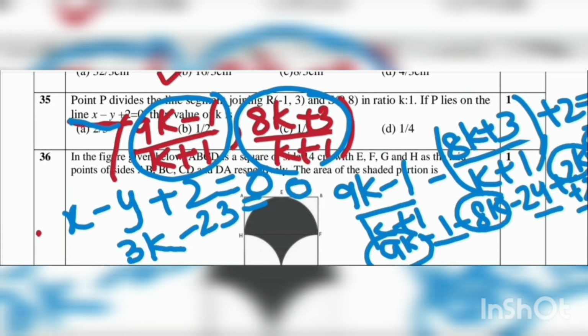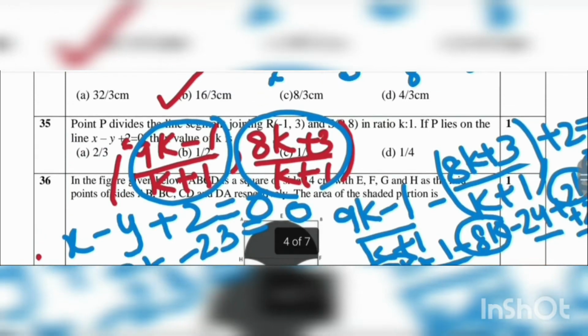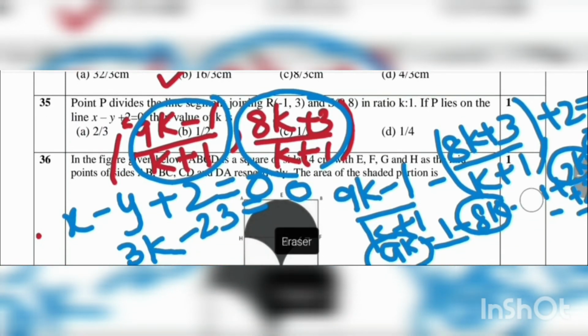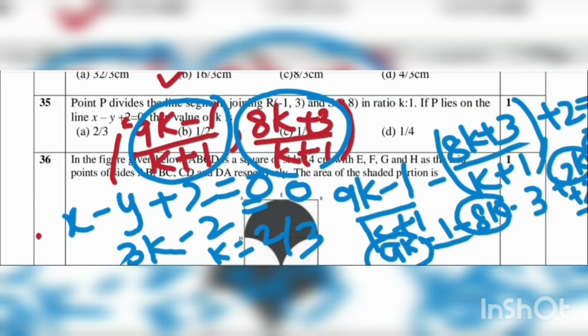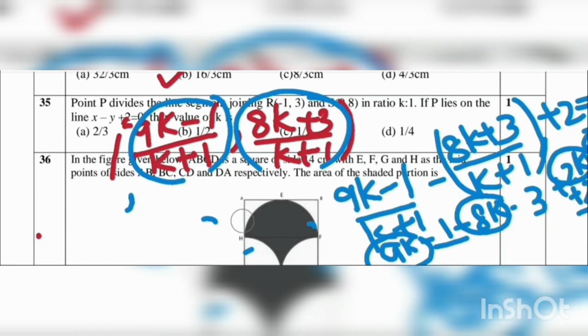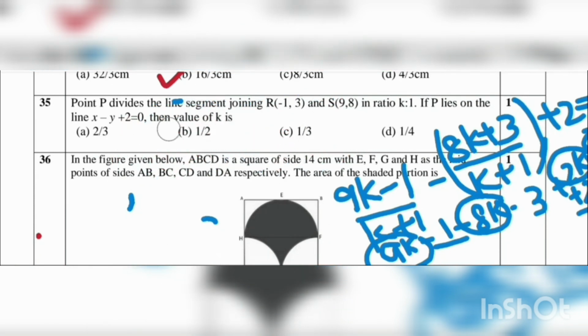On solving it, you will get the k value as 2 by 3. Here space is less, so I am not able to show the solution properly. So you can just simplify it and you will get option A as the correct answer.